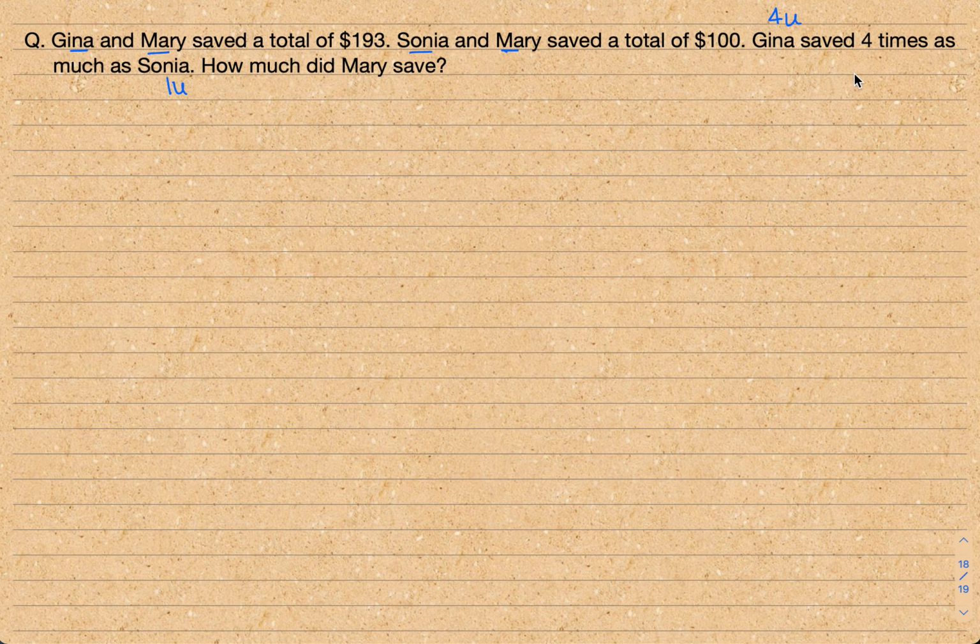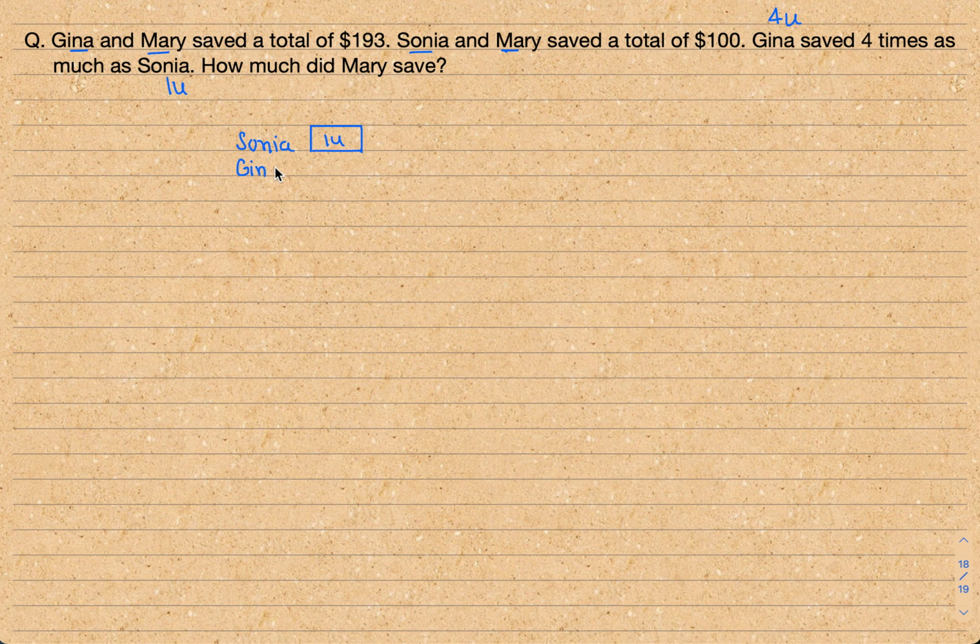So let's draw a model for Sonia and Gina, where Sonia is having 1 unit of money and Gina is having 4 units of money. So this one is 1 unit, and it's for Sonia, because Sonia is only 1 unit. Now how about Gina?